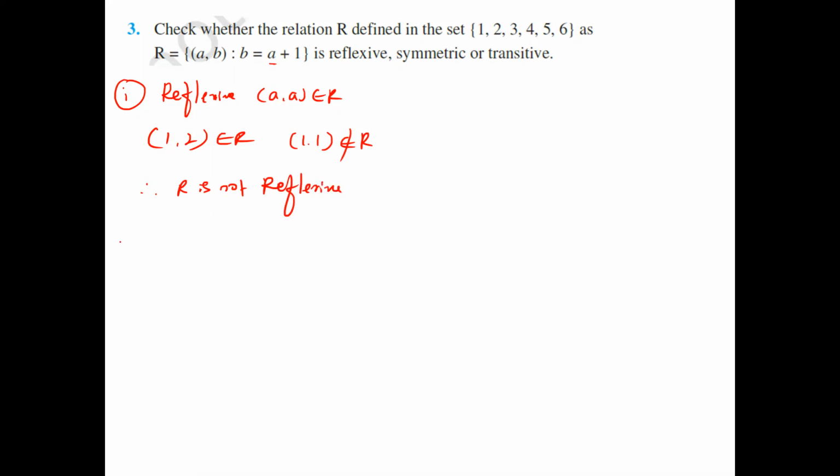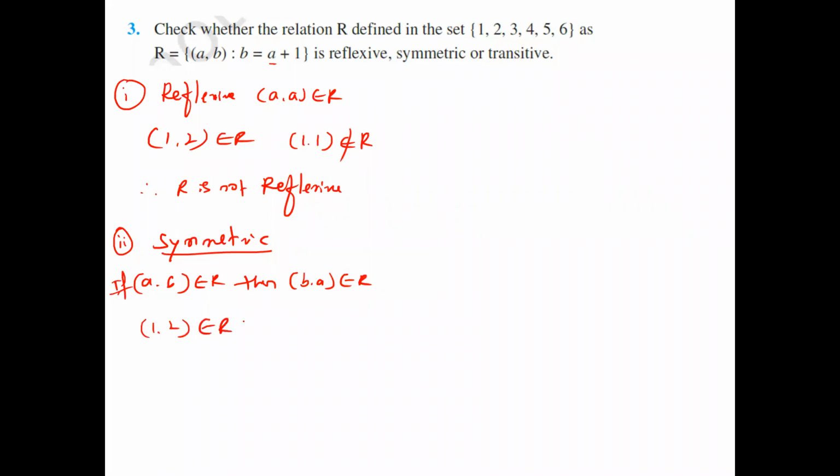Next, the second one is symmetric. What is the symmetric condition? If A comma B belongs to R, then B comma A belongs to R. Now for A comma B, I'll take 1 comma 2. 1 comma 2 exists.